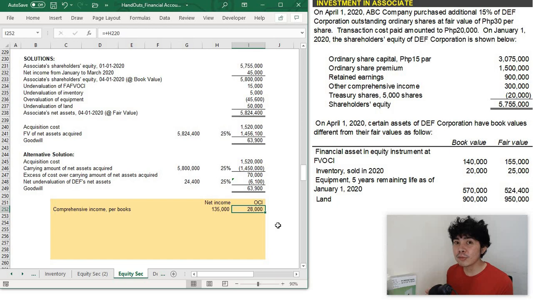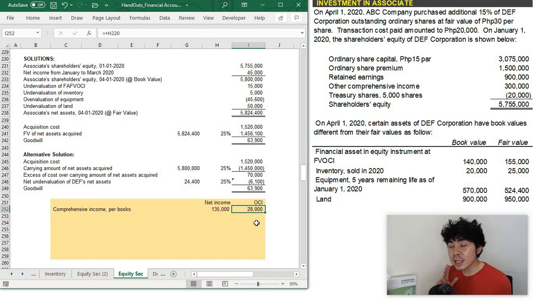Pero syempre, sa point of view natin, hindi 28,000 ang gain, ang increase in fair value. Ang increase in fair value sa point of view natin is syempre magsisimula sa 155,000 pesos at magiging 168,000 pesos. Again, yung 168,000 pesos, yun yung fair value ng kanyang financial asset in equity instrument at FVOCI on December 31, 2020. Yung 168,000 is computed as 140,000 plus 28,000 pesos.